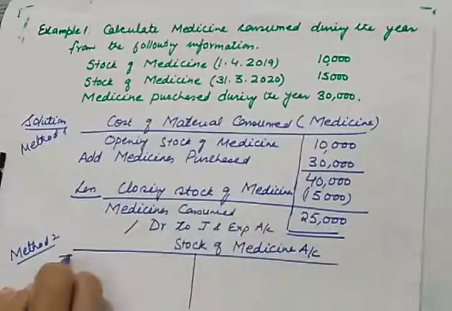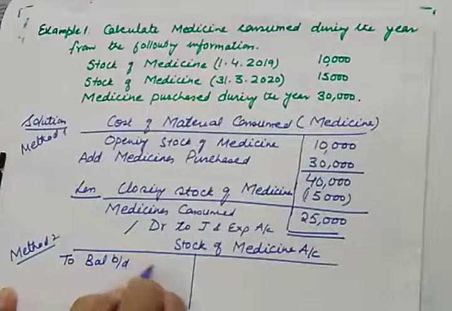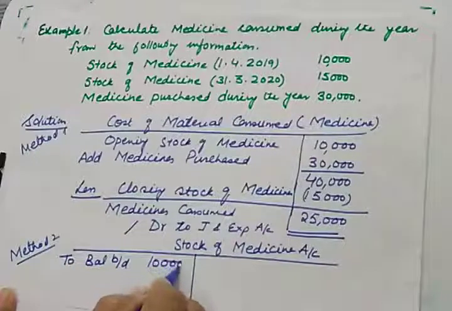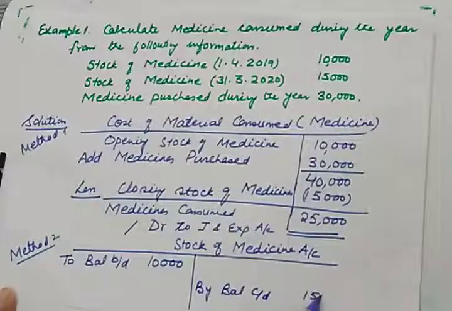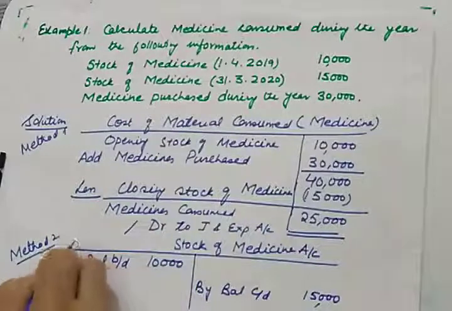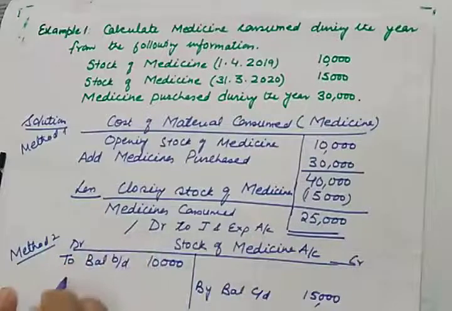So here you will be writing opening stock to balance brought down. Opening stock is given to us as 10,000. Closing stock, balance carried down, is 15,000. You can make a proper format. I am giving you an idea as to how this is to be recorded in the ledger.